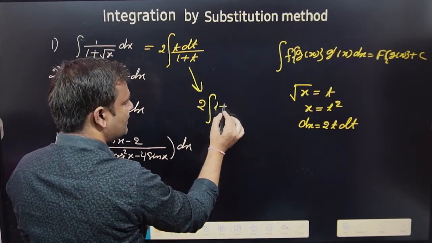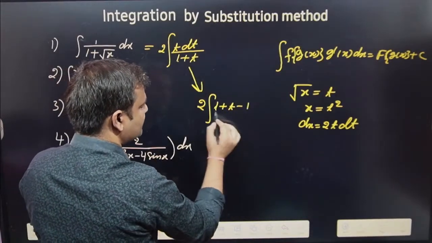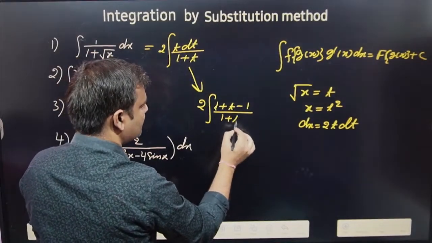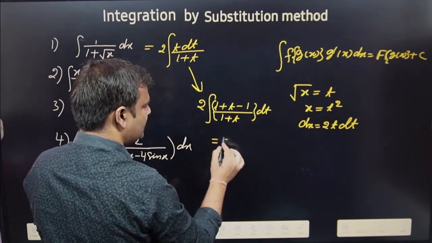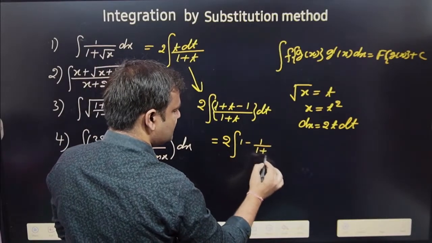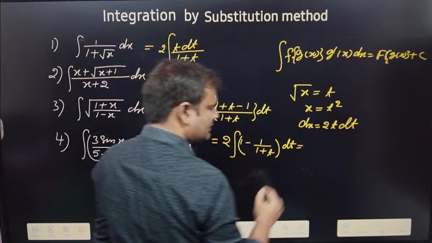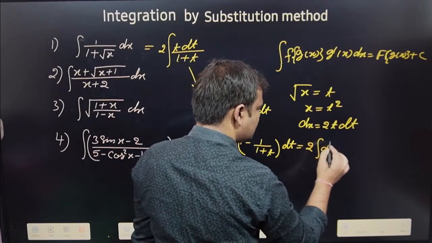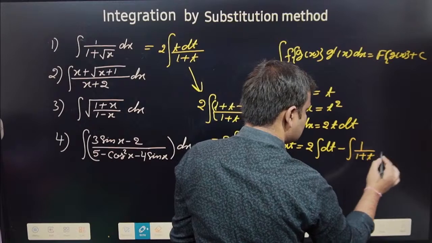So we add 1 and also subtract 1. Look here very carefully: 2 times (1 minus 1 upon 1 plus t) dt. After that, 2 dt minus 2 times 1 upon 1 plus t dt.